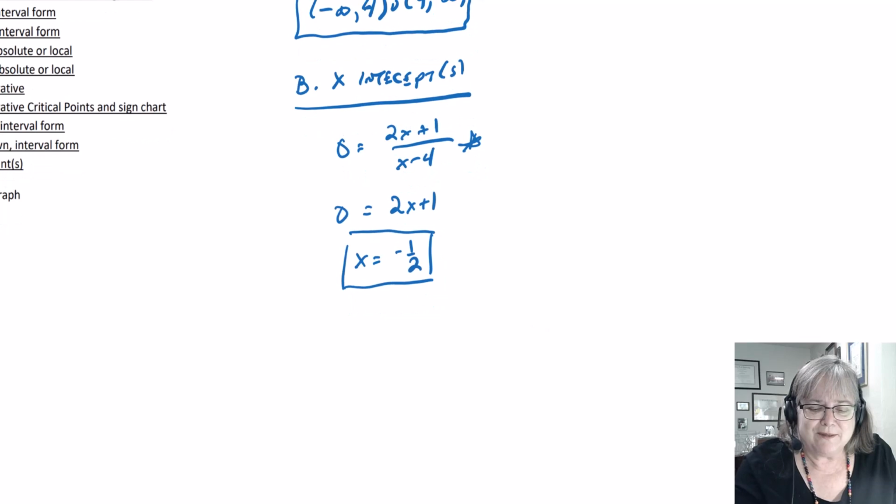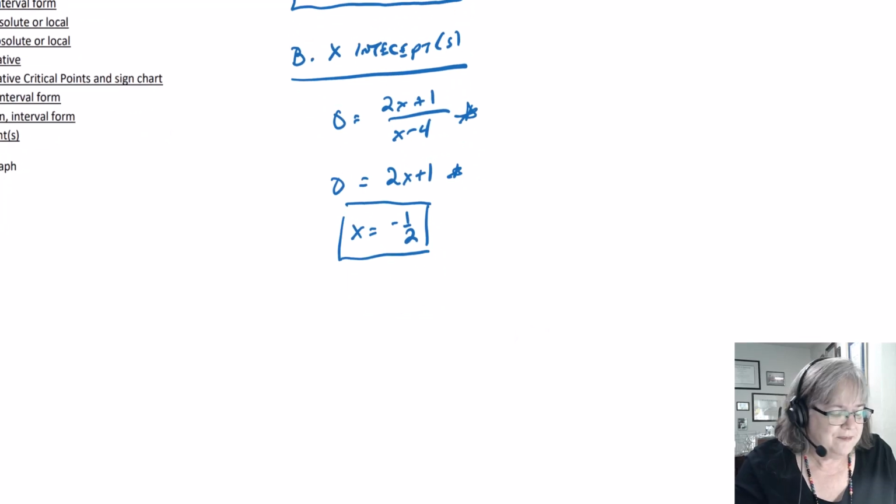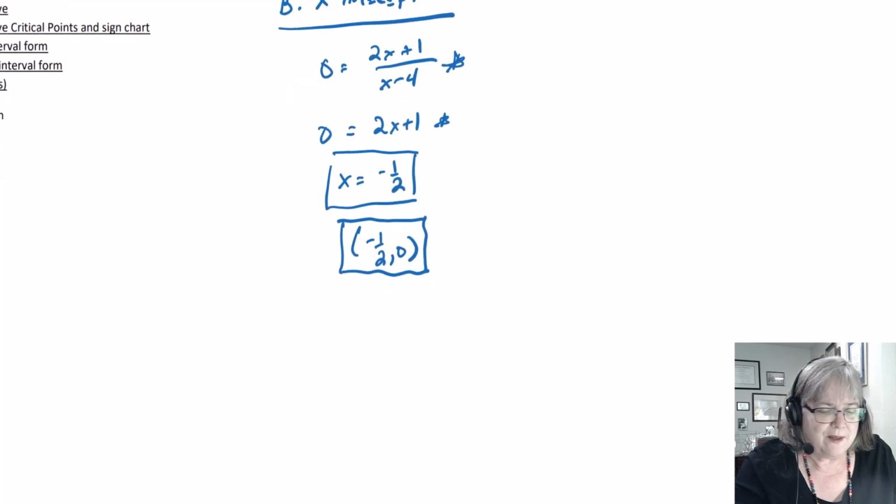But if you like starting off with the numerator, that's okay. Now, some teachers will let you say x is negative 1/2. I am not one. I would want to see an ordered pair. So one of these two answers will make your teacher happy and one will probably not. Or, well, let me rephrase that.